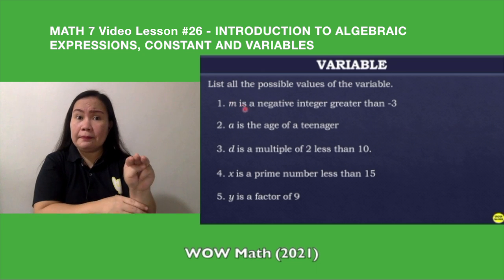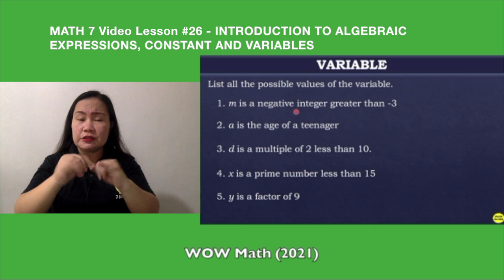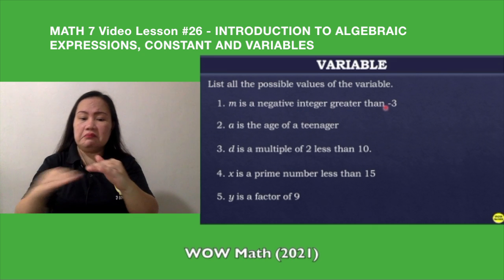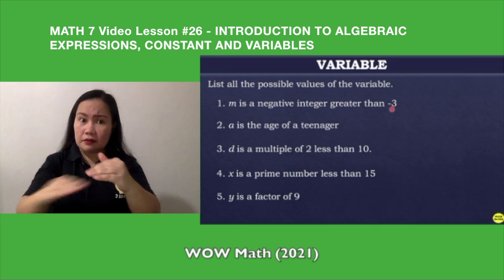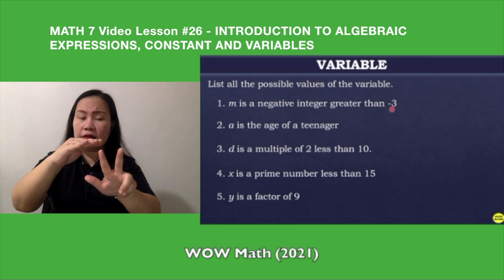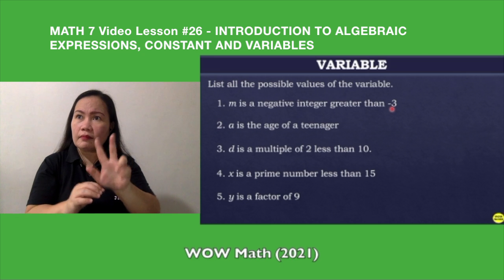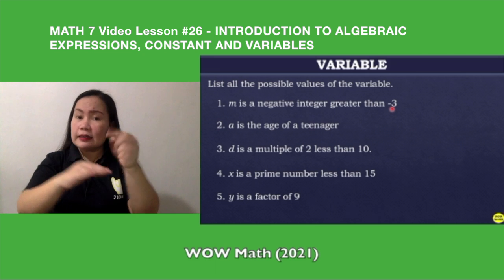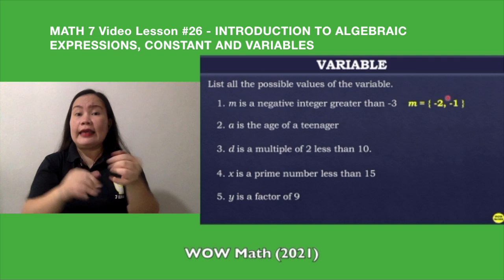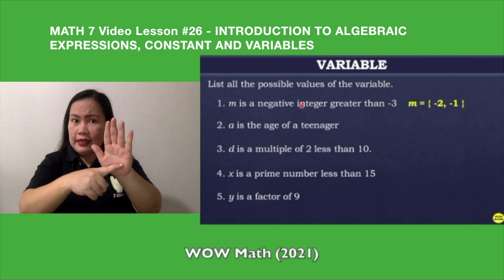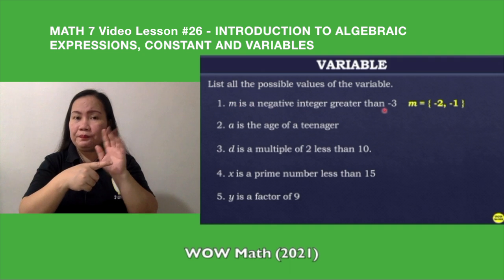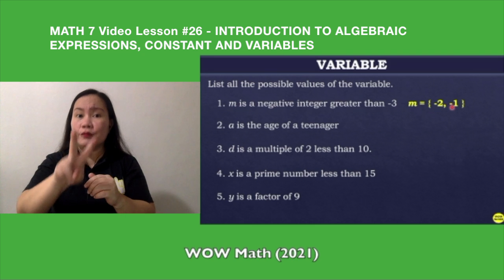So, kagaya nito, M is a negative integer greater than negative 3. So, ano-ano raw yung mga integer, negative integer specifically, na mas mataas sa negative 3. That is, negative 2, negative 1. So, the value of M, your variable, is negative 2, negative 1.